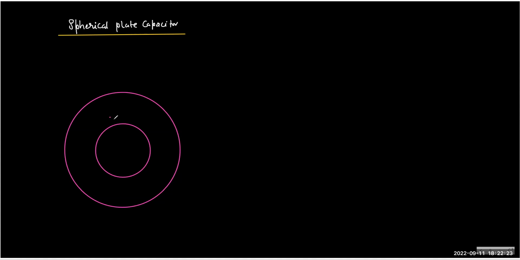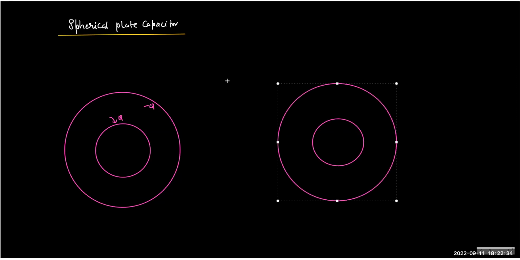So if you give plus Q to this and minus Q to this, the other way is that you can give a charge Q to this and just ground the other. We have done the grounding in the past, right? In electrostatics. Yes or no? Yes.